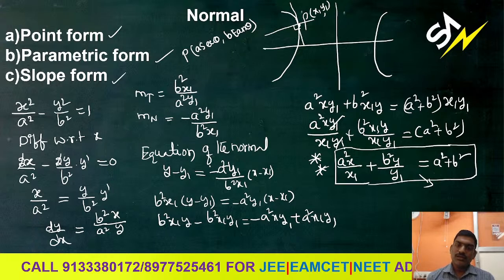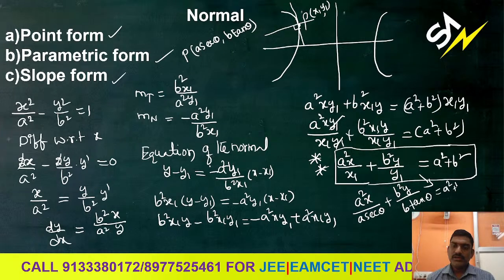Already we have done the total, right? It is the same, but what is the change here? a square x divided by a secant theta plus b square y divided by b tan theta, which is equal to a square plus b square. Here a and a get cancelled, and b and b get cancelled.